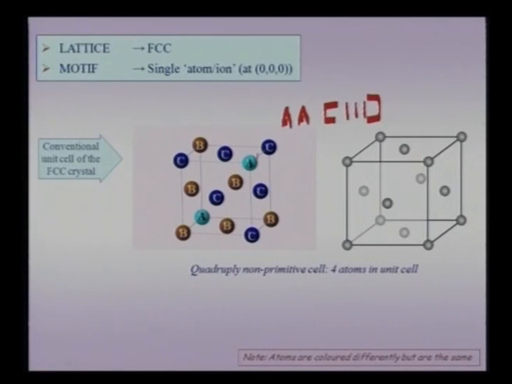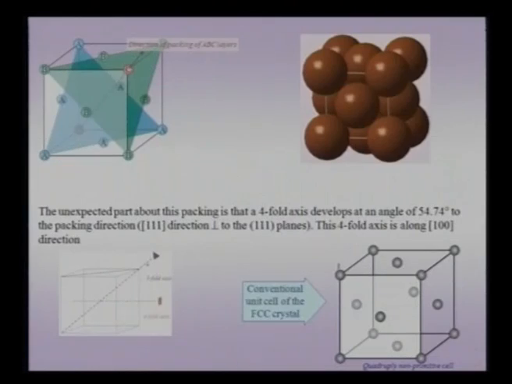So in other words, I am constructing my crystal with respect to this orientation, the standard orientation of the FCC crystal along the 111 direction. And what I get, as you know, is a quadruply non-primitive unit cell which has 4 atoms per unit cell. Now this diagram again tries to clarify the same point, that I have a C layer.